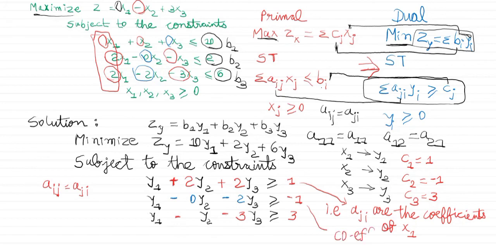So this is how you can understand that A12 is equal to A21. And for the third constant, it will be the coefficients of x3. And then our last step, we'll write y1, y2 and y3 greater than or equal to 0.